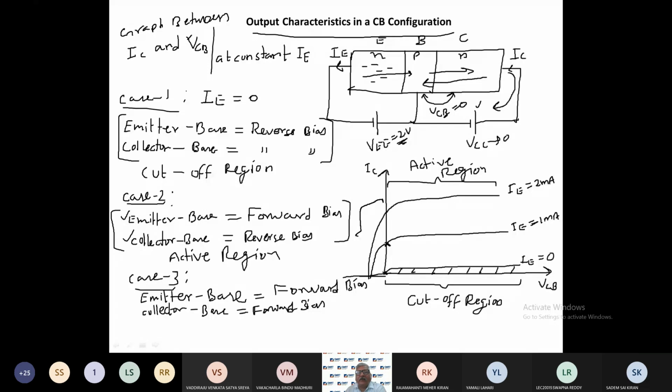This section of your curve is called the saturation region. And you get the saturation region in case 3, when emitter base is forward bias and collector base is also forward bias.